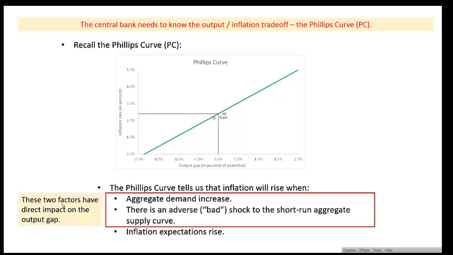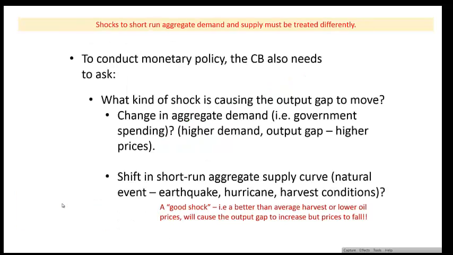But it turns out that the central bank has to respond to them in different ways. To conduct monetary policy, then, the central bank needs to ask, what kind of shock is causing the output gap to move? Is it due to a change in aggregate demand? For example, if we have more government spending, we have higher demand, we're going to have a higher output gap, and we're going to have higher prices.